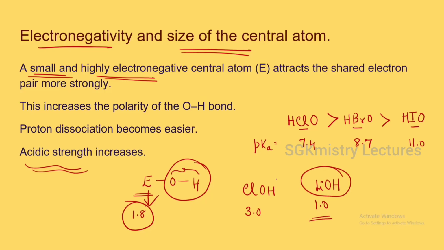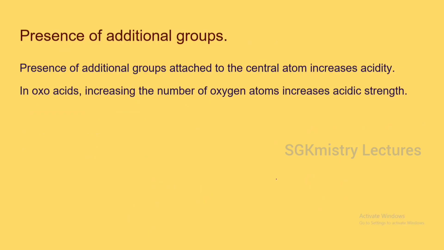So next, coming to the second factor which affects the strength of the oxo acids: the presence of additional groups. Along with E, if there are certain additional groups attached, let us consider it as R. R can be any additional group, for example the extra oxygen that is present.